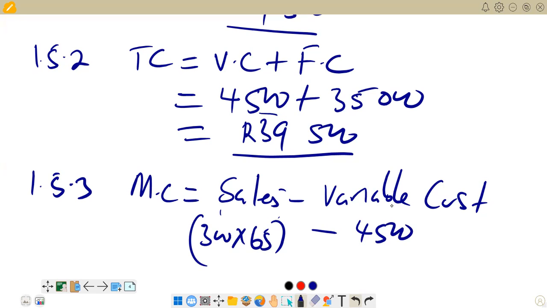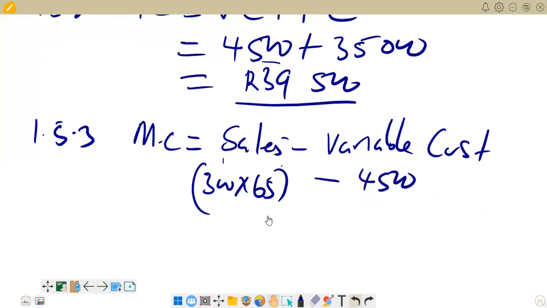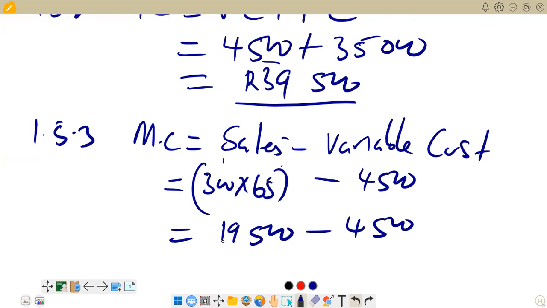Simplifying by multiplying 300 times 65, you get 19,500. Let me subtract 4,500. Then you get 15,000. So that's what we have in terms of marginal cost.